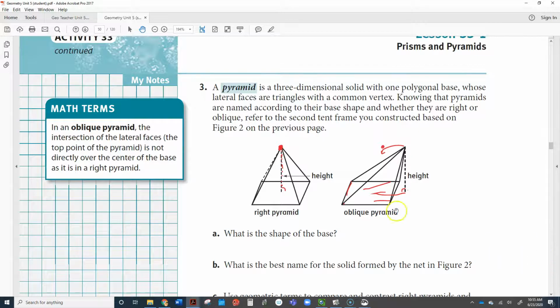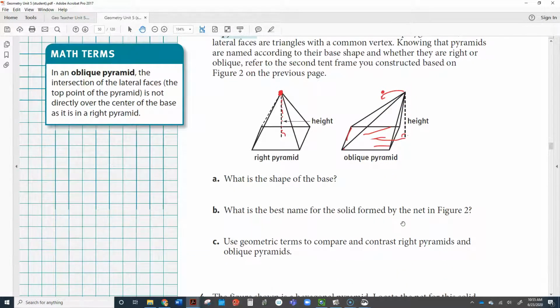So again, that's just like a pyramid that's leaning over. You've got these sides over here that are a lot longer than these sides over here because it's leaning. So on both of these, what is the shape of the base? They're both a square. This one may not look like it's a square, so you may have to be told, but usually, almost always, especially in geometry, the base is a square.